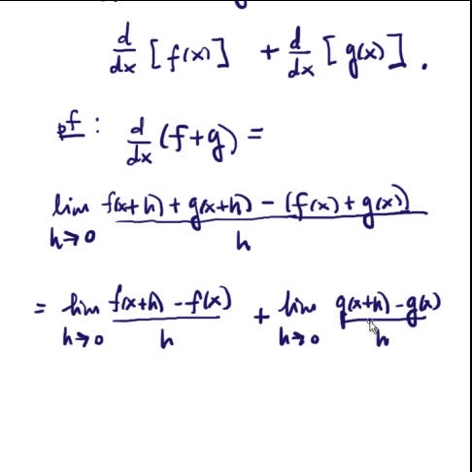That's because the limit of a sum can be broken up into the sum of the two limits. So there we have the derivative of f plus the derivative of g.